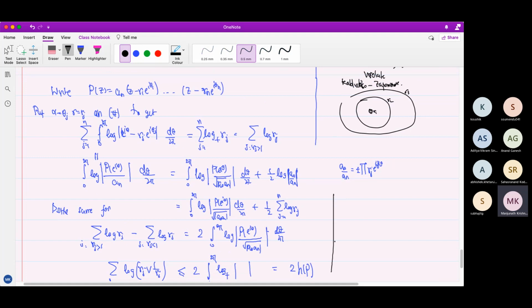So Jensen's formula is a very useful one. If you haven't seen it, in complex analysis class, sometimes it is done.